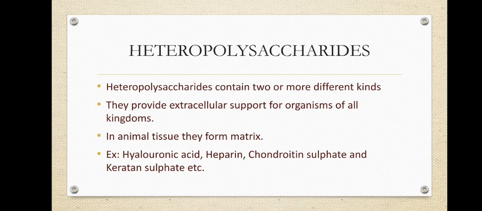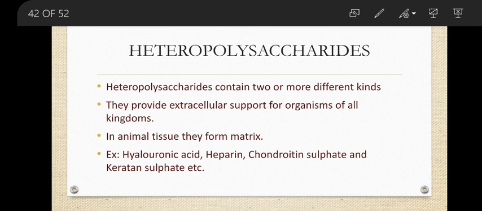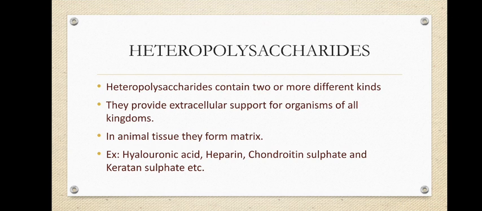Moving on to heteropolysaccharides. I think we can continue heteropolysaccharides in another class, so just stop here with the introduction. Heteropolysaccharides contain two or more different kinds of monosaccharide units. Homopolysaccharide contains only one type.